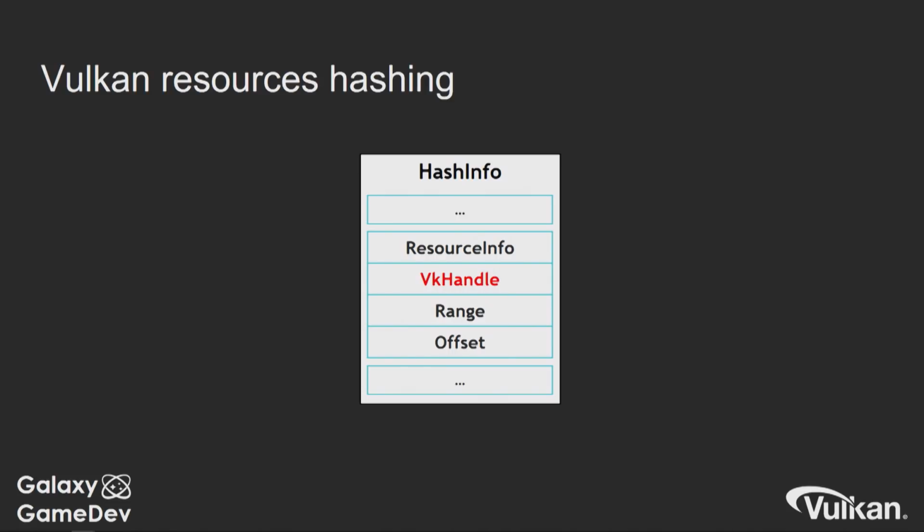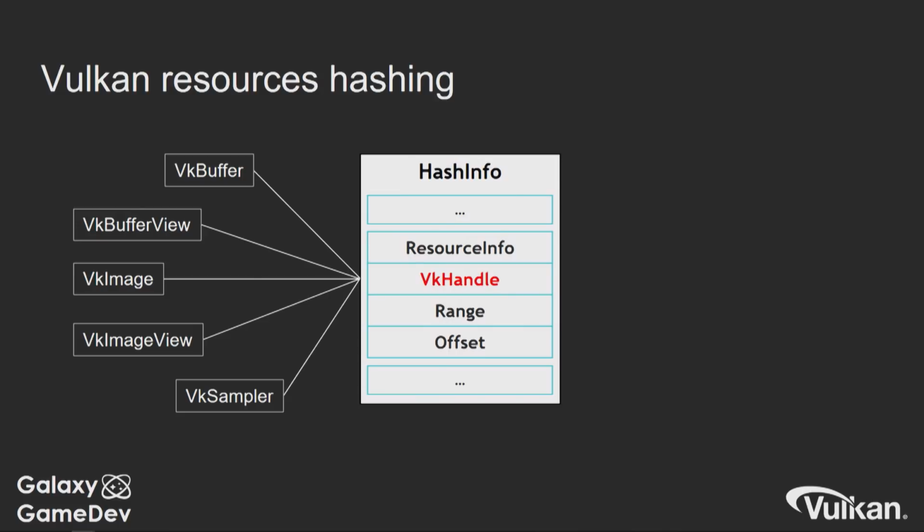At first look, it seems fine to use some resource info, like ranges of offsets with a handle value which points to a Vulkan resource, which might be an image, buffer, sampler, whatever. But according to the Vulkan spec, there are just a few lines about that, so it is really easy to miss that.